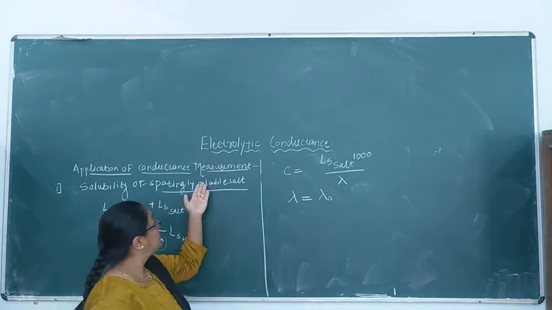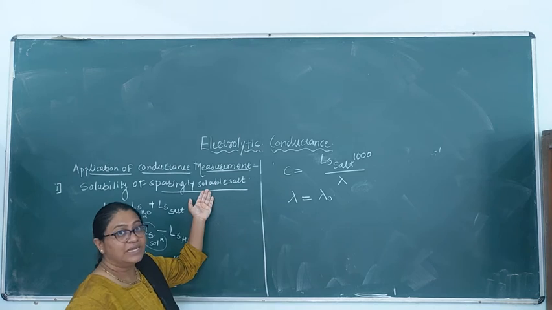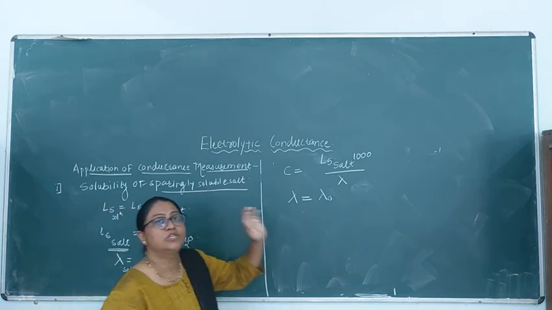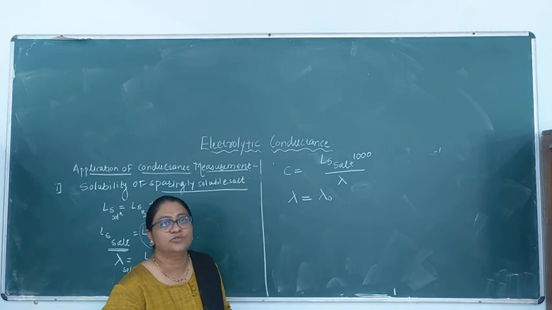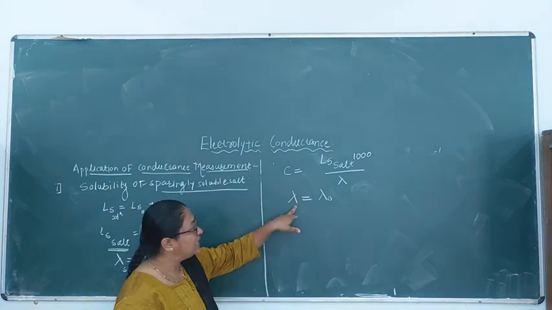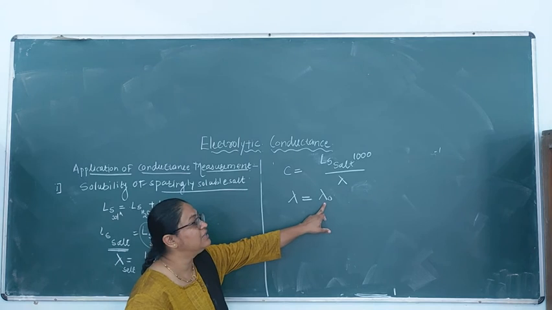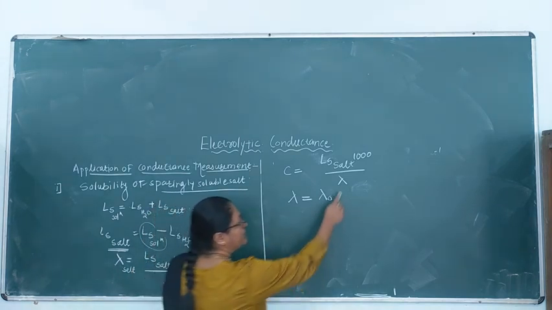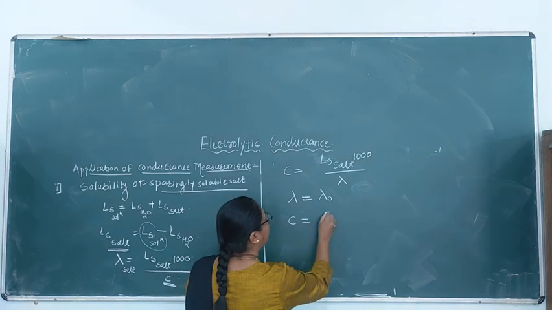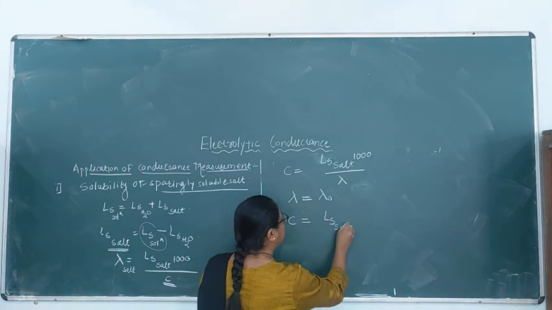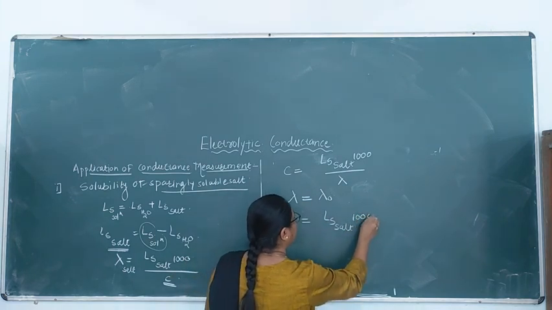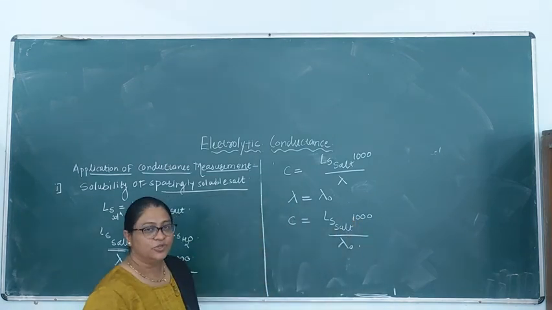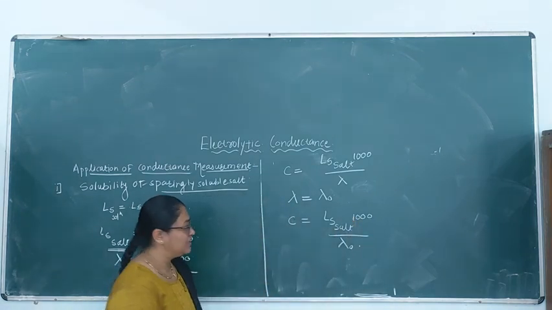Because a very small amount of salt gets dissociated or dissolved in the water, the solution is infinitely dilute, and that's why the conductivity of this solution is nothing but the conductivity of the solution at infinite dilution. That means here we can substitute lambda by lambda 0. So C is Ls of salt into 1000 divided by lambda 0. This is what the relation becomes.